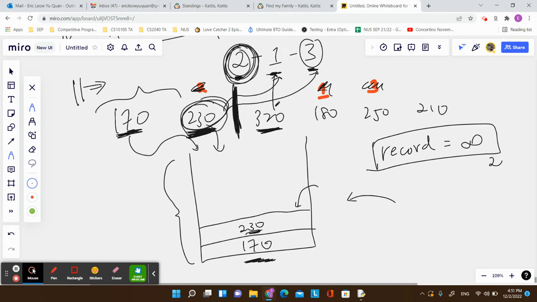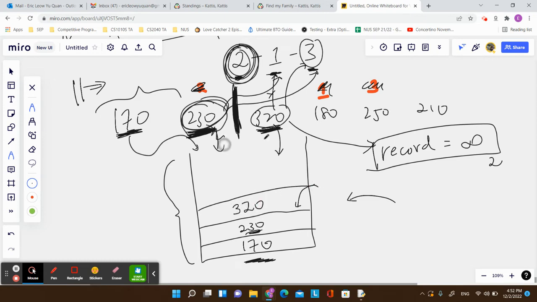No, because 320 is taller than 230, so 230 and 320 cannot be a 2-1 pattern. Now can it fulfill the third position? I check the record. 320 is smaller than the record, so it cannot fulfill the third position either. Therefore, I need to put 320 inside the stack.